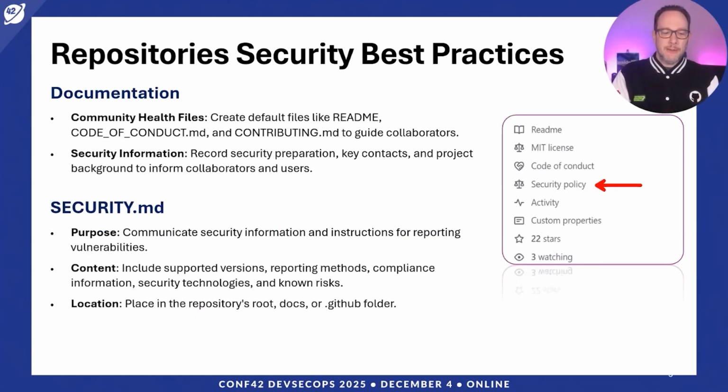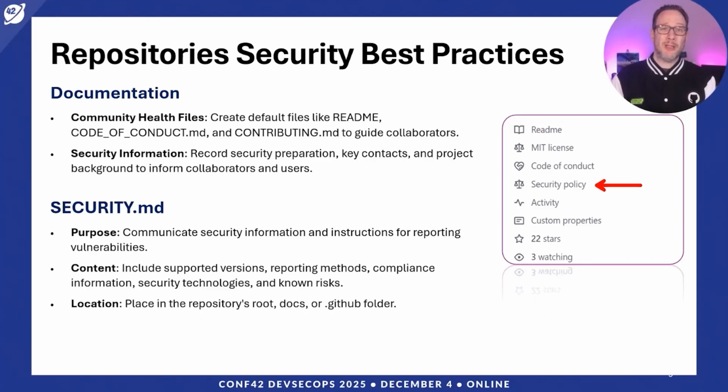While not immediately security related from a secure your code perspective, it is recommended to provide security documentation inside your repos. What this means is that you're going to add details, for example, in the README markdown, adding a code of conduct markdown, and overall adding the contributing markdown files, especially for open source projects.